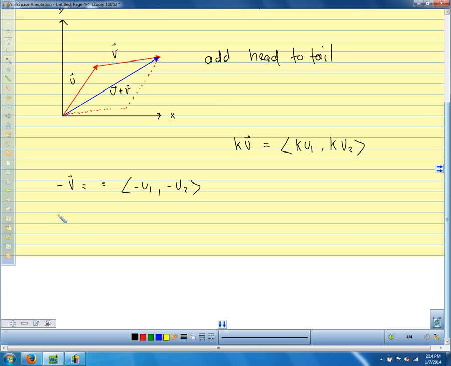So if I were going to do v minus u, I could think of that as saying I'm going to do v plus negative u, and that's the same thing as subtracting their components. v1 minus u1, v2 minus u2. So to subtract a vector, we're just subtracting their two components.